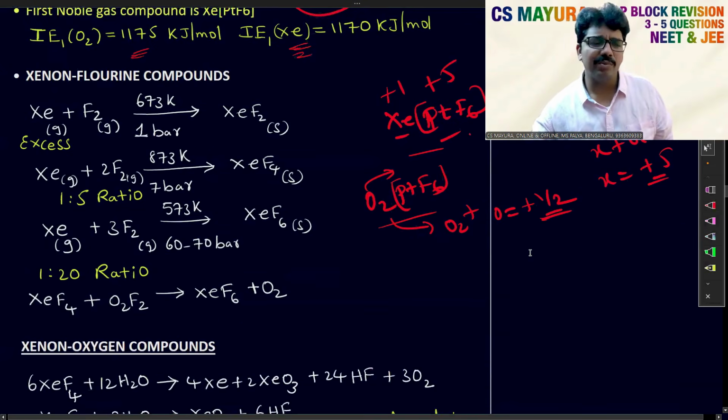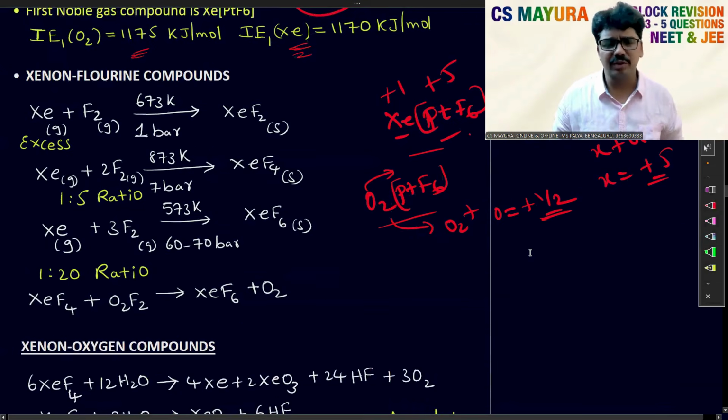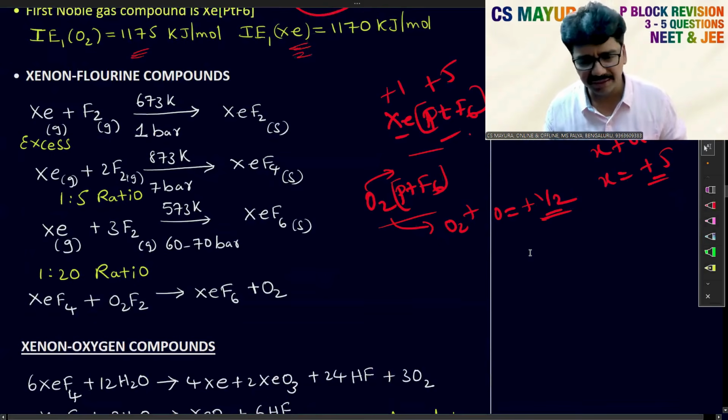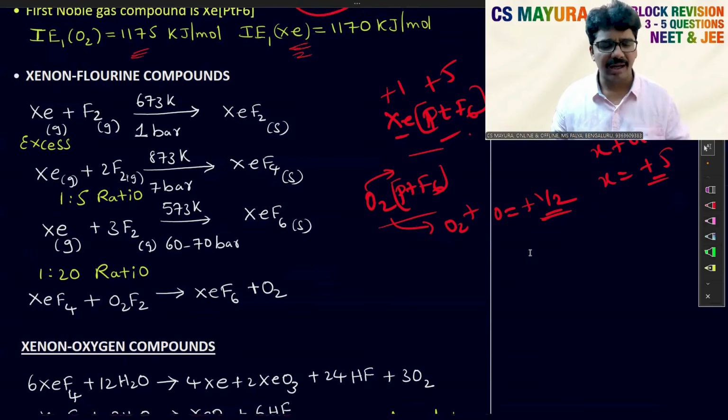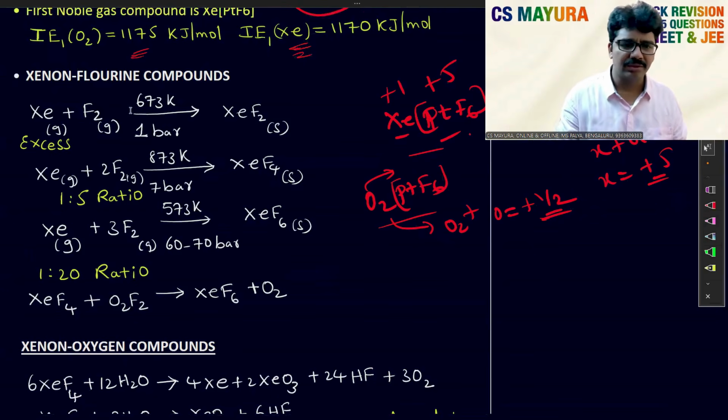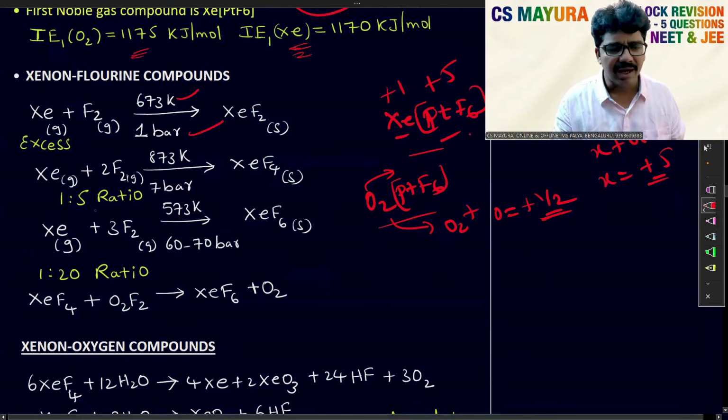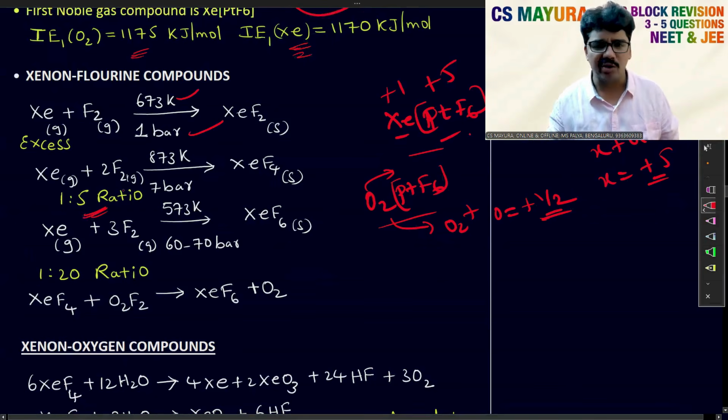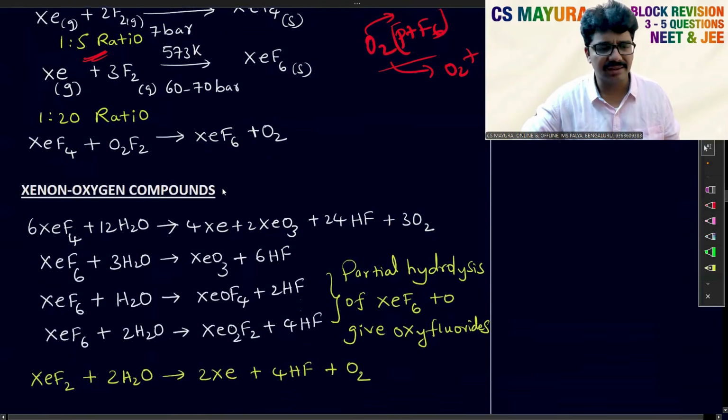Now, the xenon fluorine compounds: these are the preparations of XeF2, XeF4, XeF6, and their conditions. The temperature, pressure, and composition are all important. You can pause this video and read those reactions.